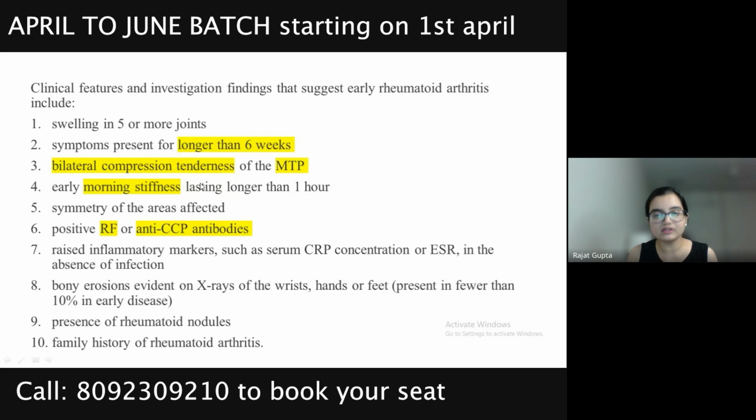So the metatarsophalangeal joints are another set of joints that can have inflammation in rheumatoid arthritis besides your hand joints. There has to be early morning stiffness. Then we need to do some tests like RF and anti-CCP, which would be positive. And then we can do some x-rays. So these are basically all the investigations, the symptoms, and the signs that we must consider before diagnosing anyone with RA. One important thing is that there could be a positive family history as well.